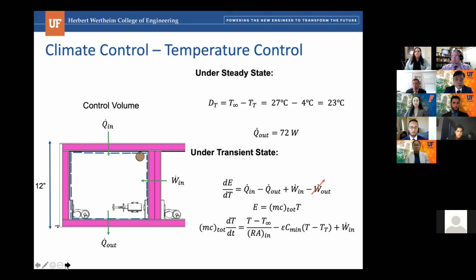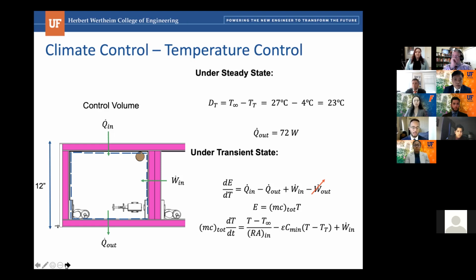whereas the energy is equal, on the left side of the equation, to the total masses of the different parts inside the system, as well as their specific heats, multiplied by temperature.